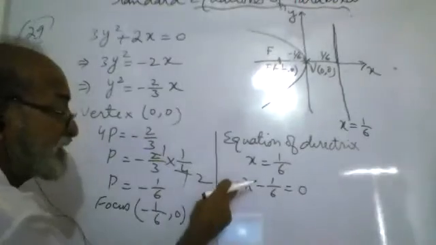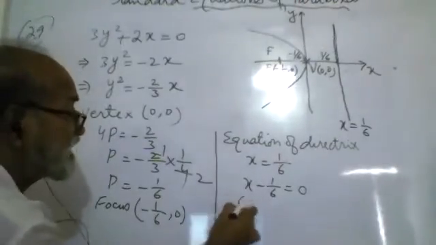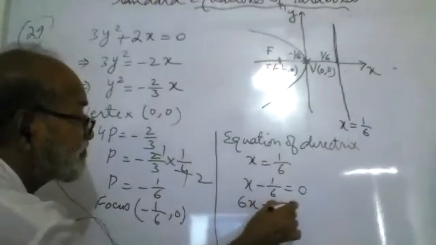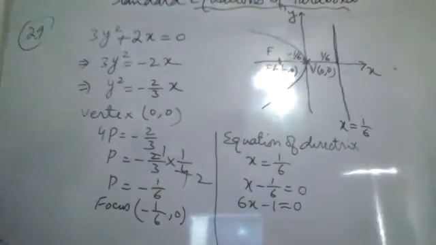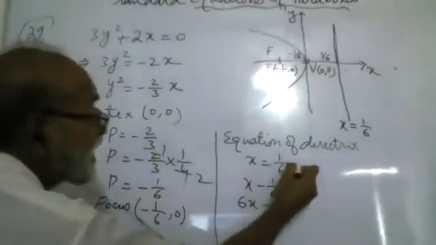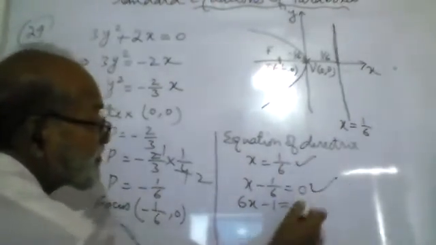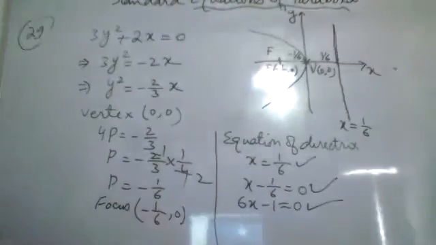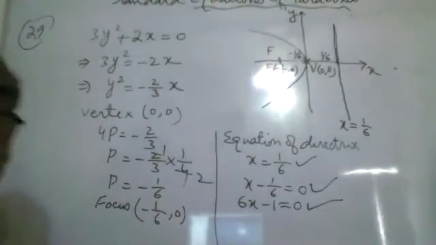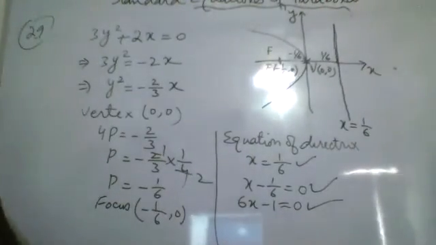If we multiply by 6, it will become 6x minus 1 equal to 0. You may write in this way, or this way, or this way. All the three answers are correct. 6x minus 1 equal to 0.